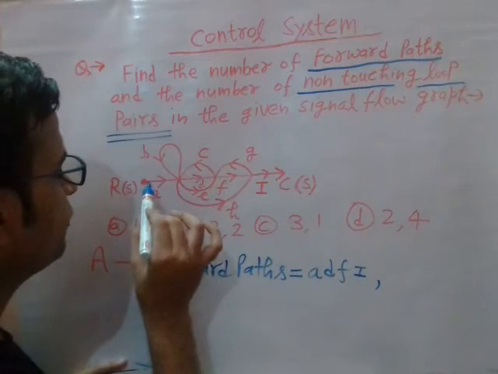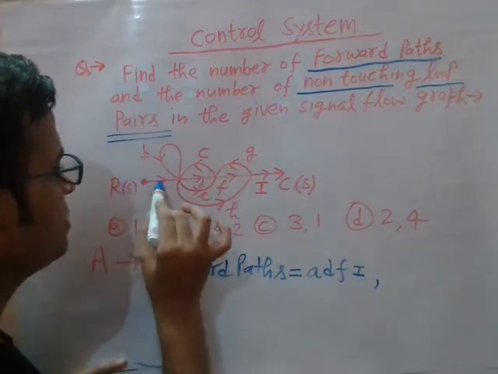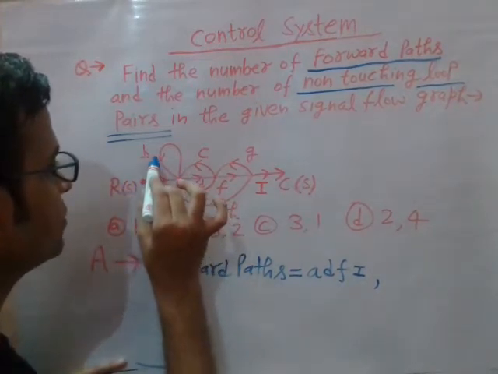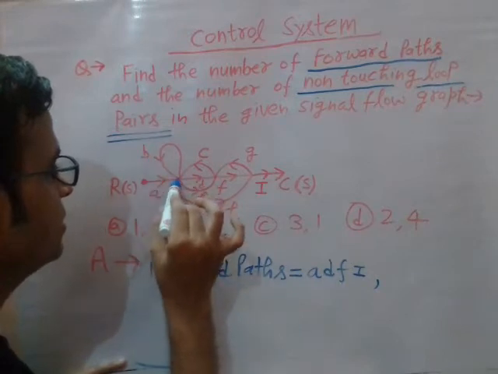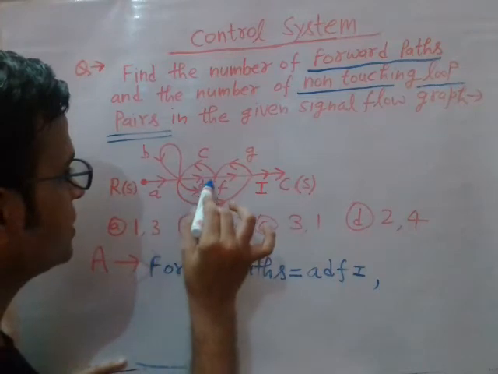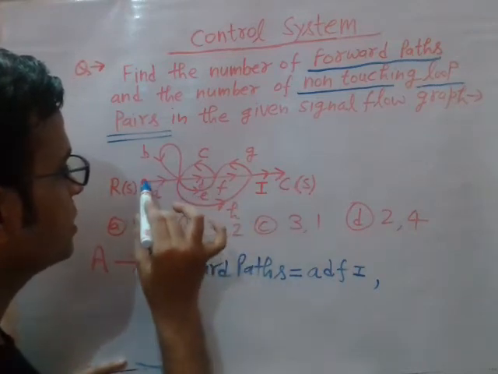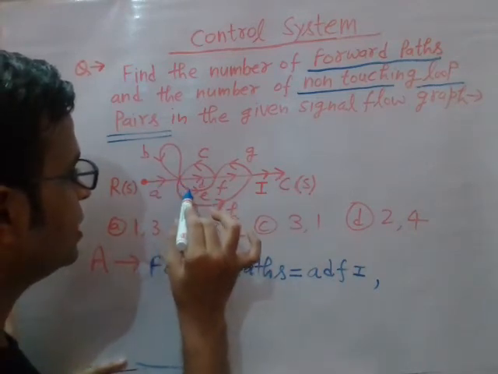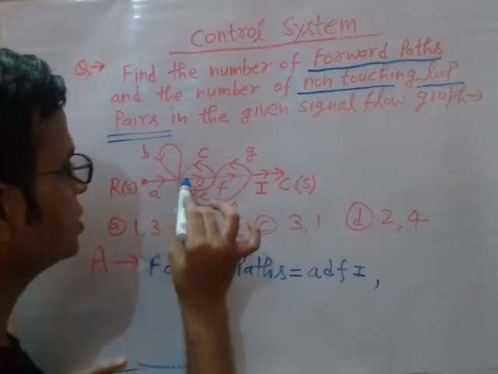The next forward path: you start from here and you cannot go like this because the direction is like this. So either you go like this or like this, in the direction of the arrow. So A and then E. This path you have already covered.